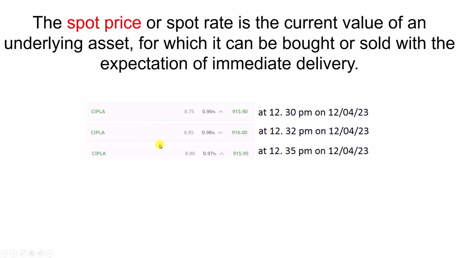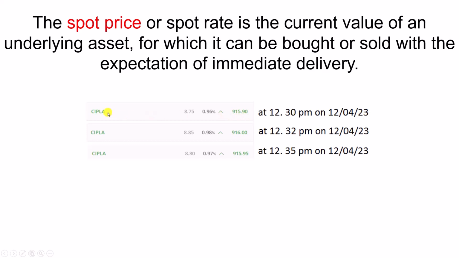This is a screenshot, or rather screenshots merged together, to show you the spot prices at various times. Cipla is a company and its spot price at 12:30 p.m. on 12th April 2023 was 915.90 rupees.